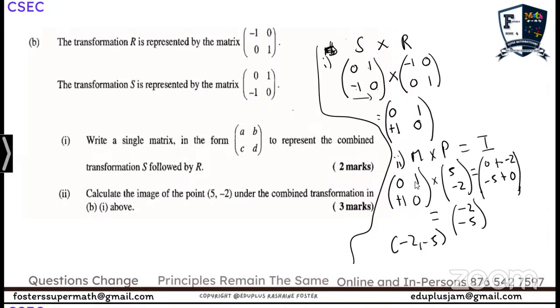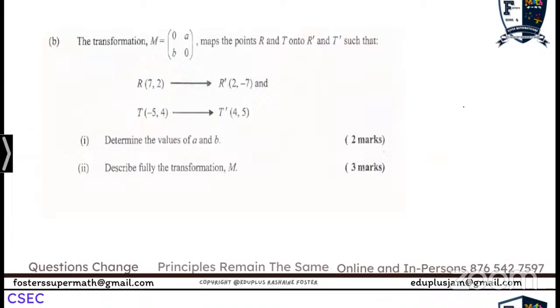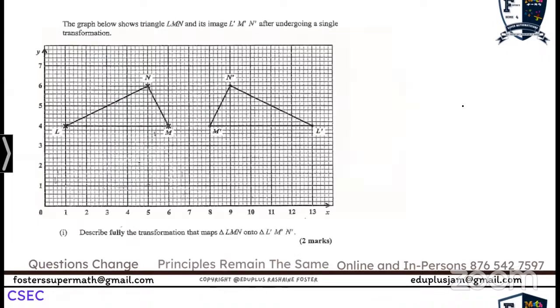So 0 times that is 0, 1 times that is negative that. Then 1 times that is 5. All right, so it is -2 and 5. Thank you for noticing that mistake, ma'am, when you do S times R. Thank you for pointing out that mistake. I'm just a human being here.